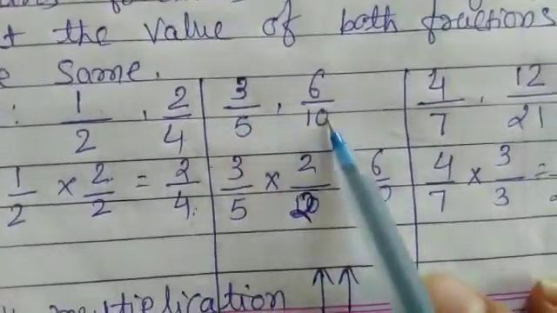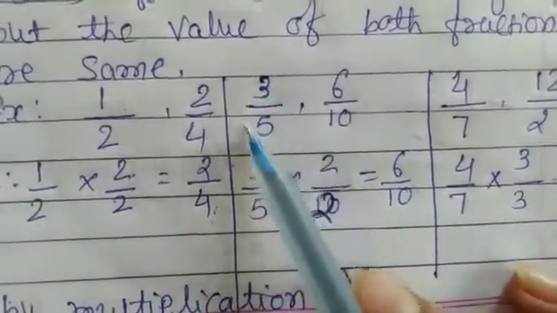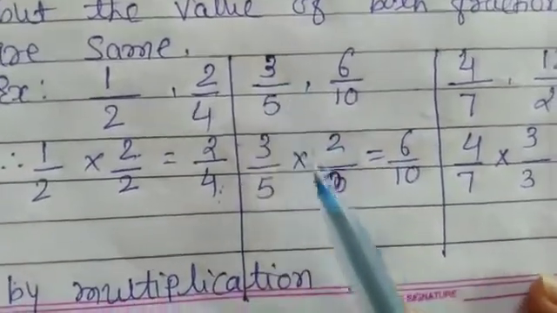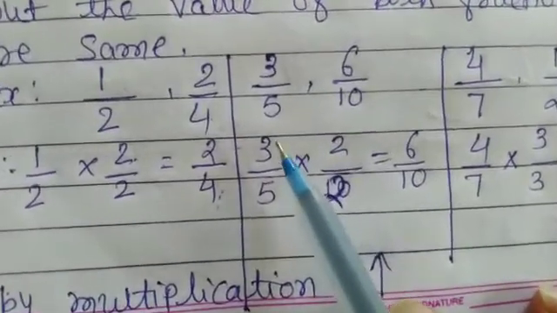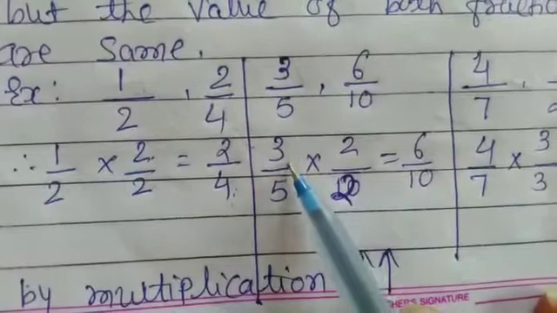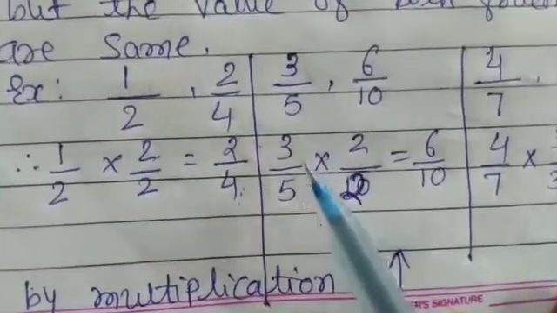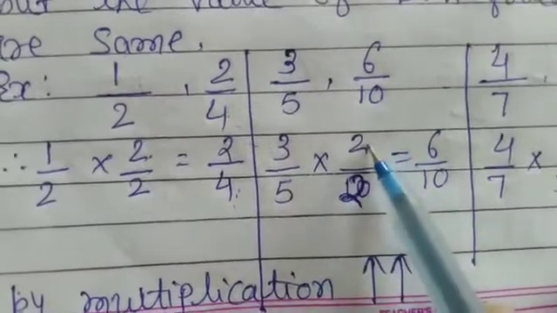Both the fractions are equivalent. How? Have a look. First we will take the fraction 3 by 5. Here the numerator is 3 and 5 is the denominator. Now to find an equivalent fraction, we will multiply the numerator and denominator by the same digit.